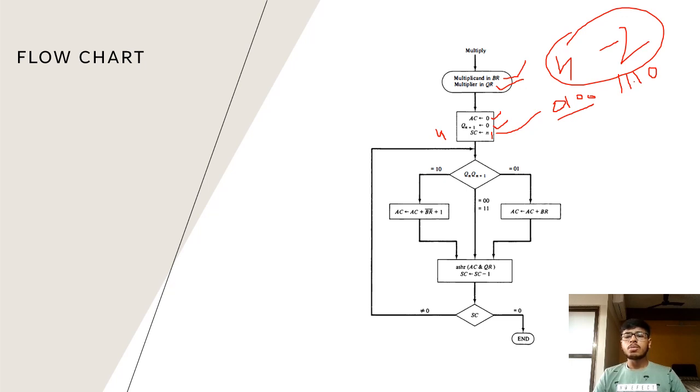Now for the multiplication, we will see the flowchart. We will see the Qn bit and the Qn plus 1 bit. If Qn and Qn plus 1 are both 0 or both 1, then we will directly shift the accumulator and QR register, and we will decrease the sequence counter by 1. If Qn and Qn plus 1 is 1 0, then firstly we will subtract BR from the accumulator. BR bar plus 1 is equal to minus BR.